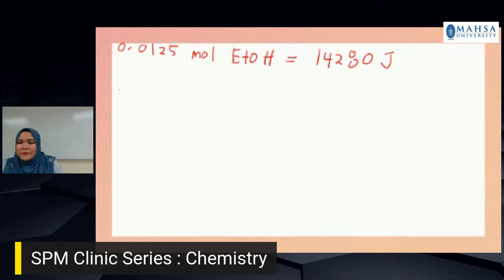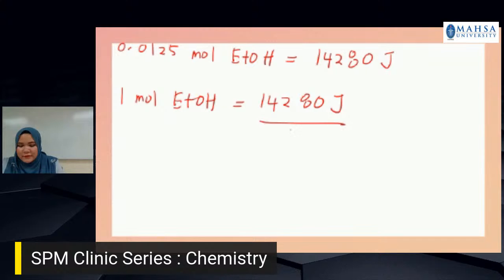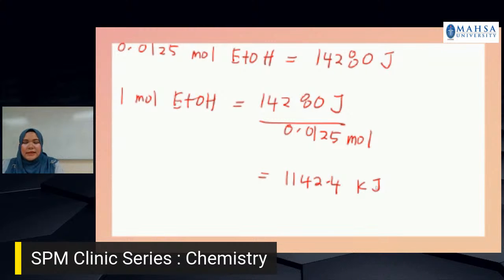So therefore, when you have a heat of combustion, it always refers to 1 mole. So what happens when you have 1 mole ethanol? 1 mole ethanol will produce 14280 joule divided by 0.0125 mole. Okay, so therefore it will give you 1142.4 kilojoule.